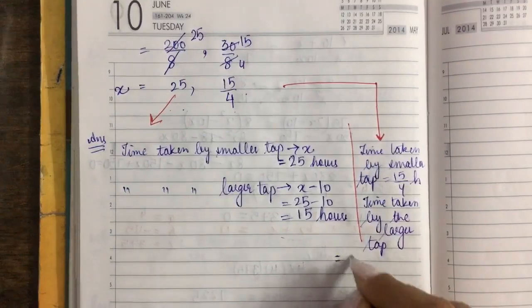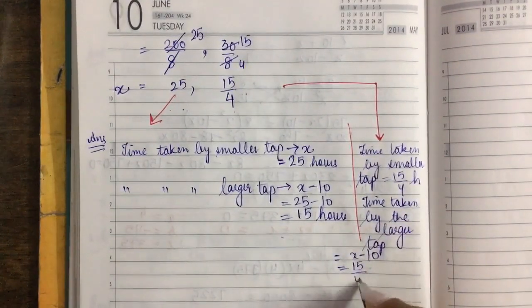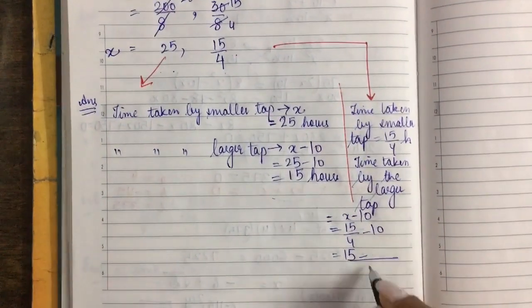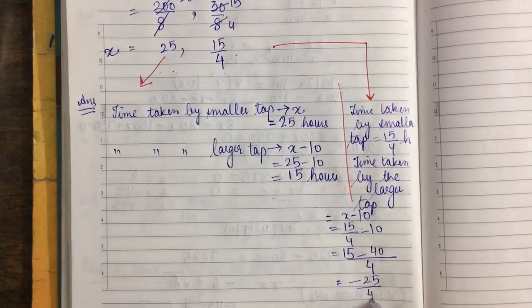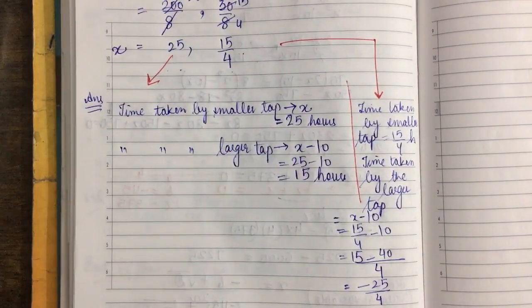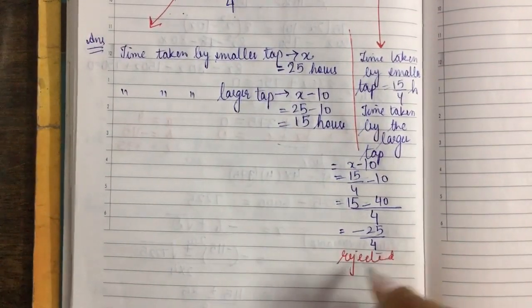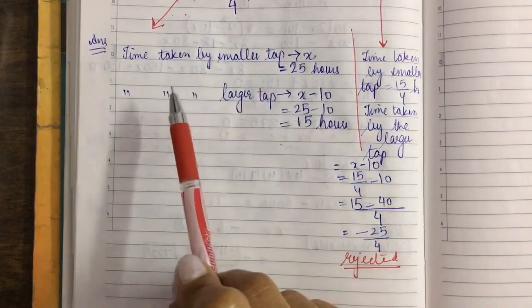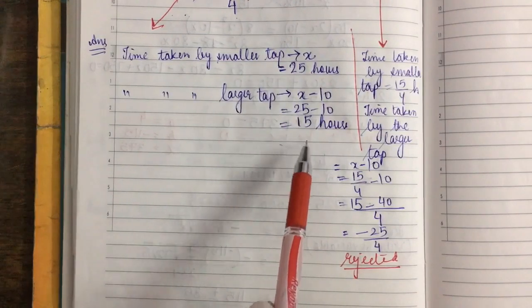This is x minus 10. So if x is 15 by 4, taking the LCM, the answer will be minus 25 by 4, which is not possible because this is the time taken. This value will be rejected. So the only answer possible here is this: the smaller tap takes 25 hours and the larger tap takes 15 hours.